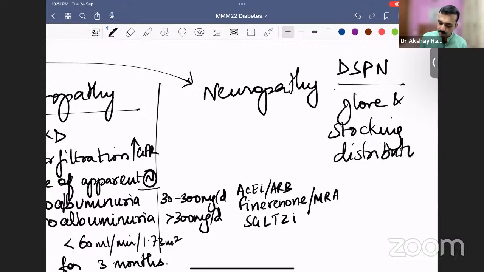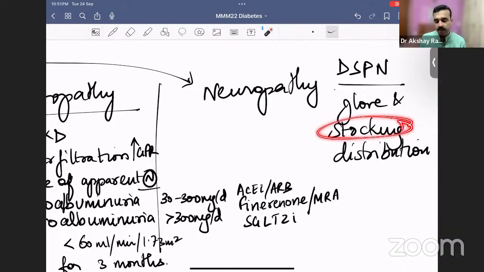It will be sensory plus motor, a lot more sensory than motor, but both will be there. Initially it will affect the most distal aspects of the lower limb, that's why stocking. Then eventually it will affect the upper limb. So glove and stocking distribution of symmetrical sensory and motor deficits.